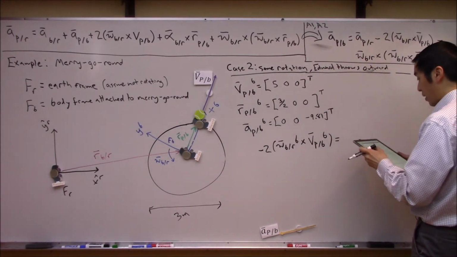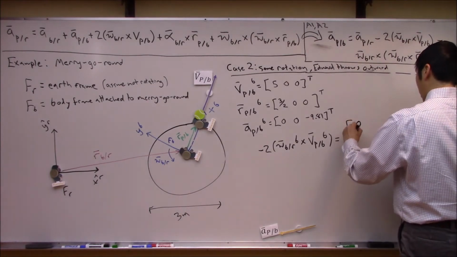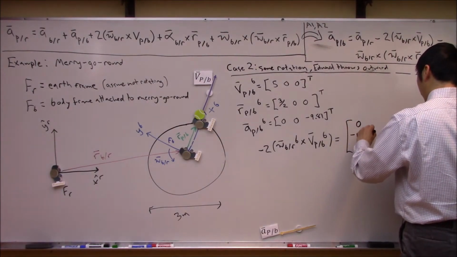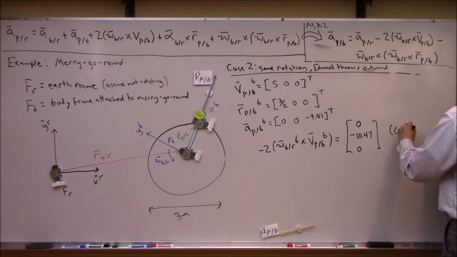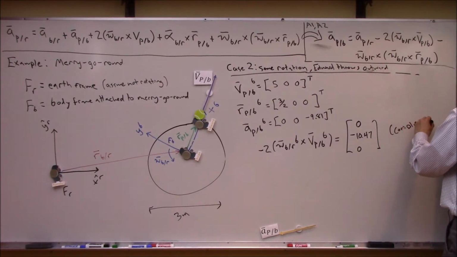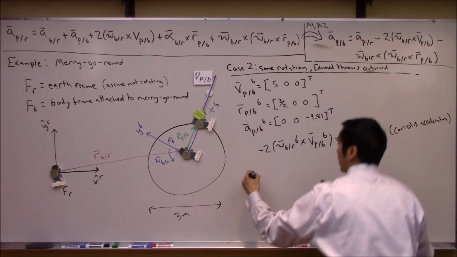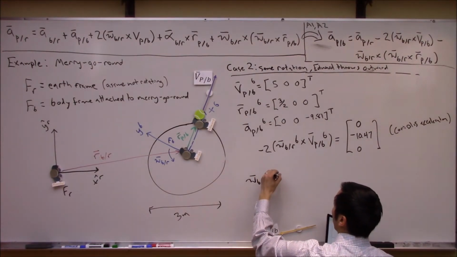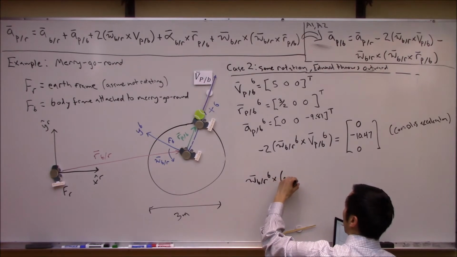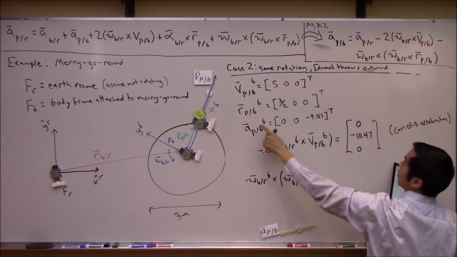So this is going to be, what? It's going to be 0, minus 10.470, right? So here's our Coriolis acceleration. Okay, and now though, this other term, our centrifugal acceleration, right? The omega B with respect to R expressed in the body crossed with the quantity omega B with respect to R in the body crossed with RP with respect to B, which was this thing right here.